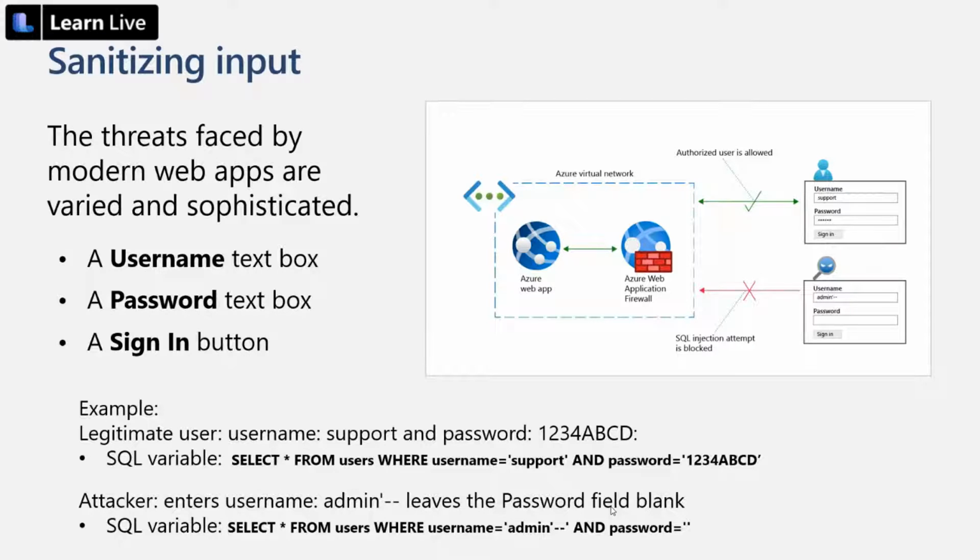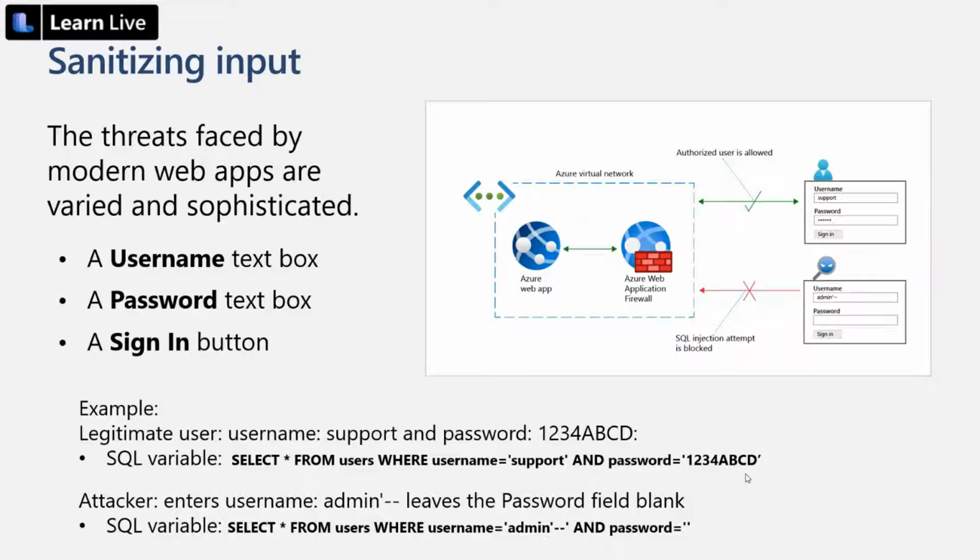In this particular case, we have a web app that is in front of a SQL database. In the input form, a legitimate user would give a username of support with a password of 1234ABCD. The web application would then convert this into a SQL statement: select star where user is support and password is this. If there was a record in the SQL database for this username and password, the user would get signed in.